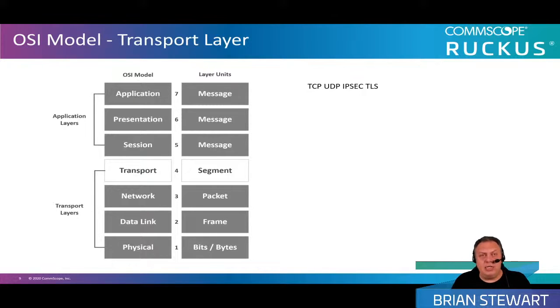So if you're going out and you're downloading an application from the Microsoft Store or from the Apple Store or from the Google Play Store, you have to make sure you get the entire thing. Any single packet that got lost in transmission, you need to send a negative acknowledgement to say, hey, I missed packet number 47. So that would cause packet number 47 to be retransmitted. So those behaviors exist here at the transport layer.